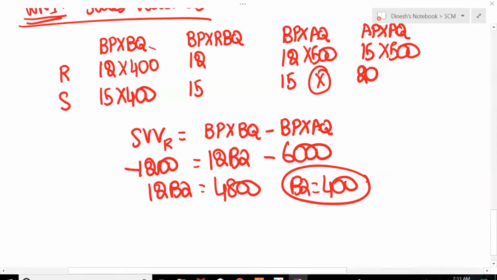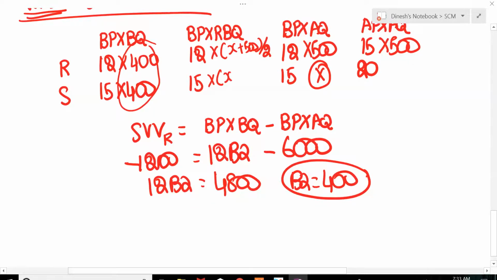Why 1 is to 1? 400 is to 400. So it will come in the ratio of 1 is to 1. So RBQ of R is X plus 500 by 2, and RBQ of S is X plus 500 by 2. Other products are 500 and X.